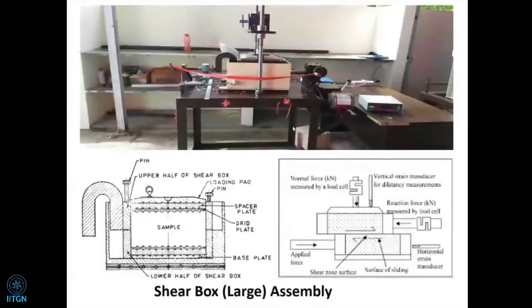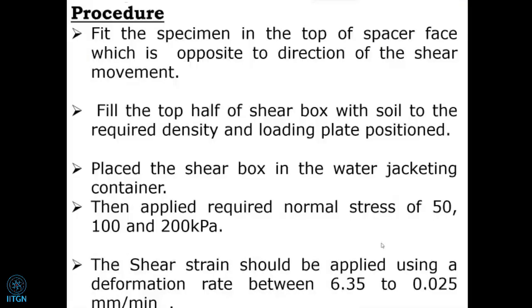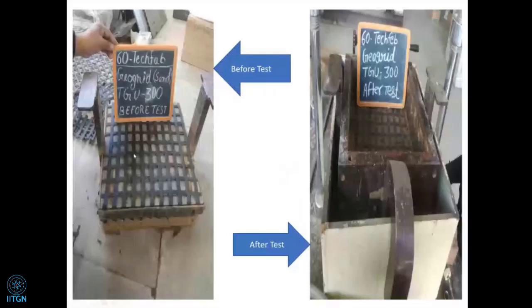This is our equipment, an actual photograph of the large size equipment having a 30 centimeter by 30 centimeter box. Here, the upper and lower halves are sheared horizontally, and on the lower side we put wooden planks, wooden pieces, over which we put our geogrid this way.